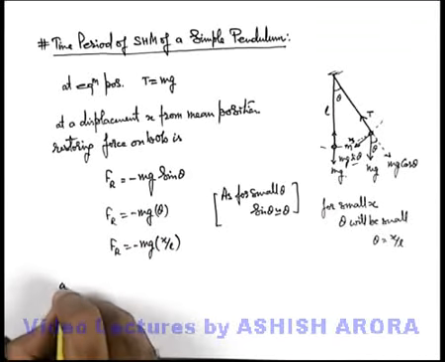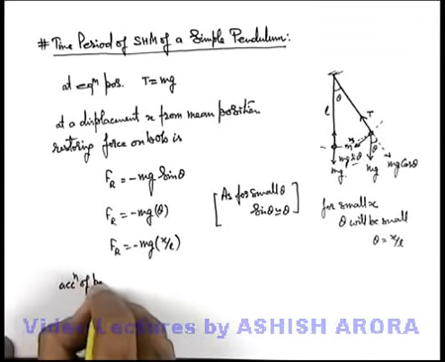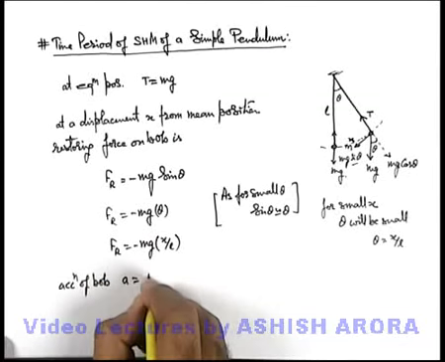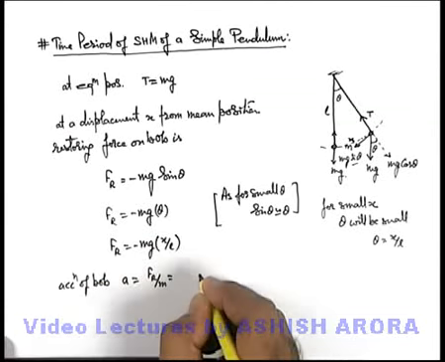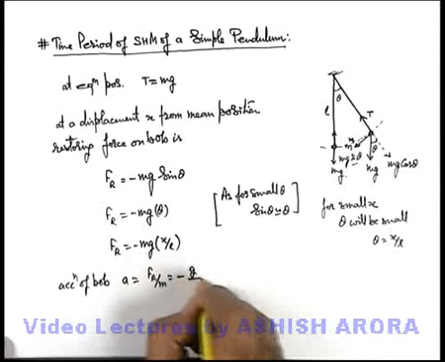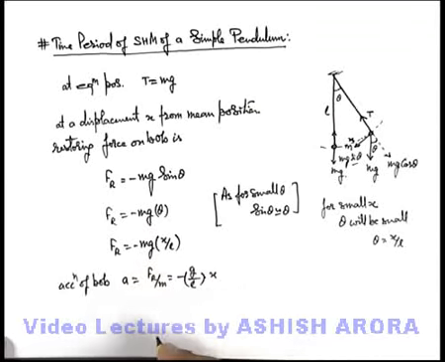Now if we find out the acceleration of the bob, the acceleration of the bob can be written as simply restoring force upon mass. So it will be minus g by L into x.